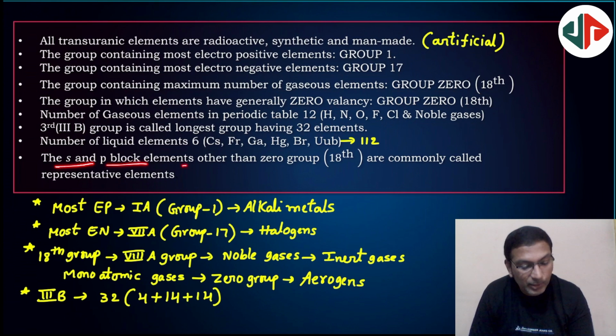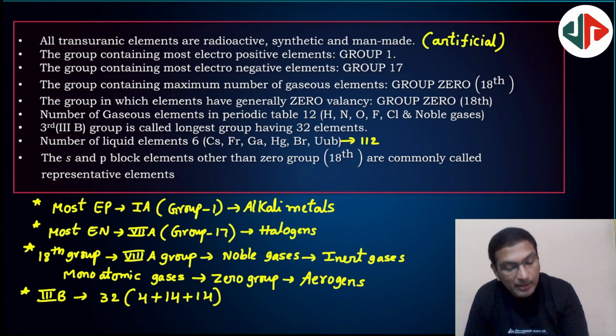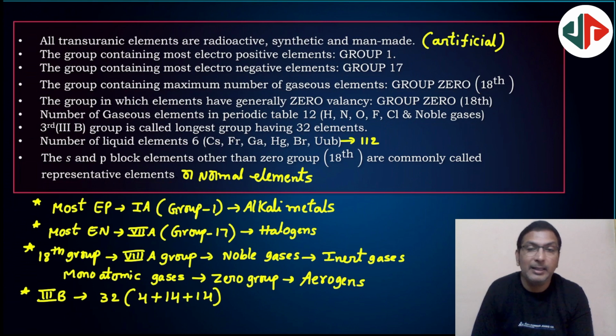Next, the s and p block elements except 18th group or 0 group are commonly known as representative elements or normal elements. So total s and p block elements except noble gases are known as representative or normal elements.